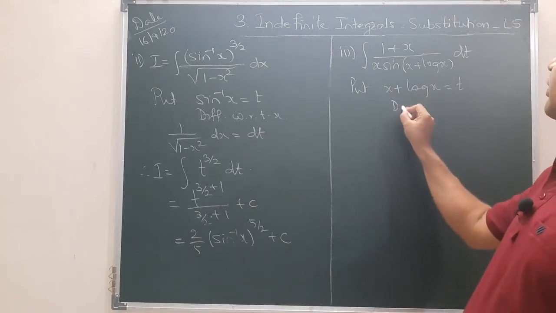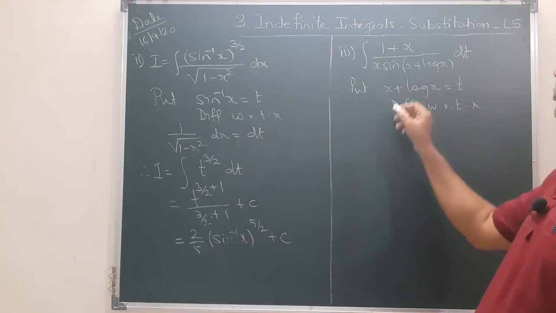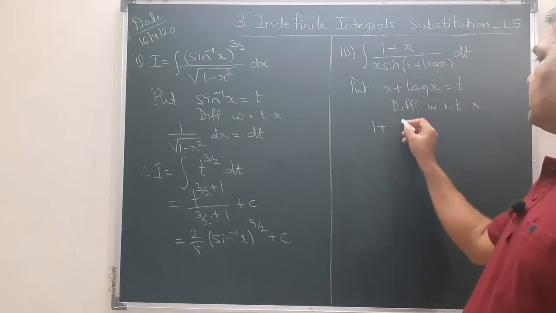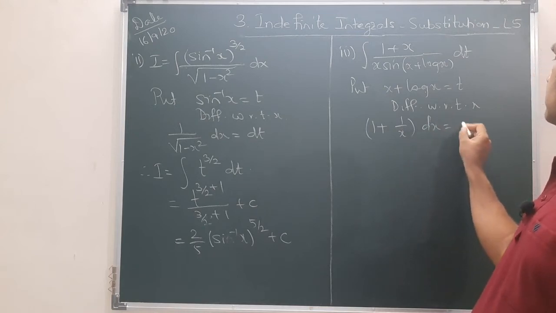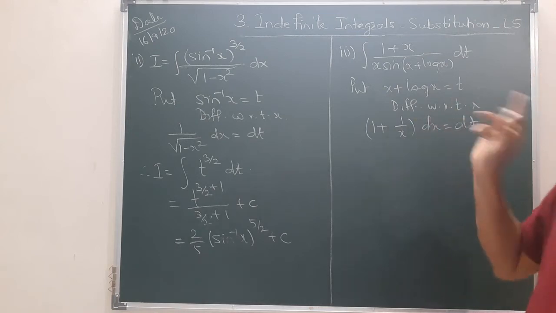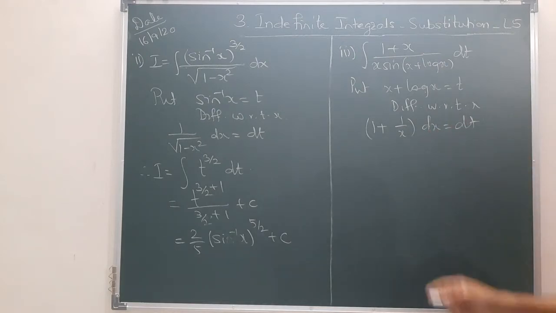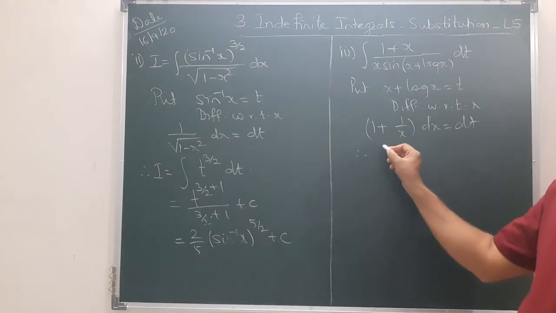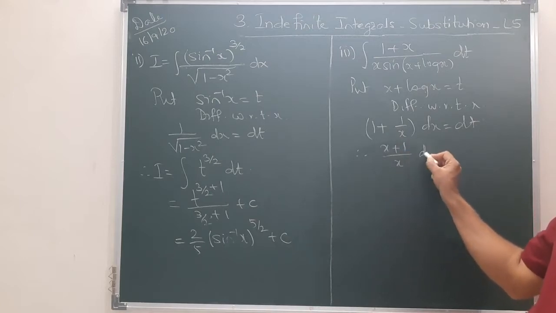Differentiating with respect to x, we get 1 plus the derivative of log x, which is 1 by x, dx. Actually dt by dx equals this, but I am taking dx to the other side. So we get x plus 1 upon x dx equal to dt.